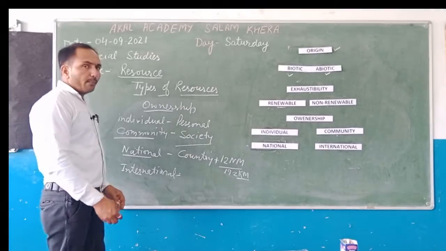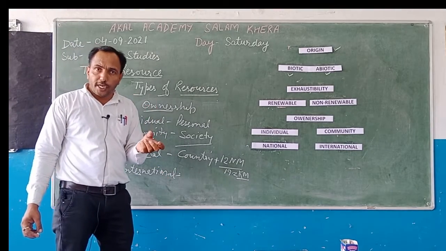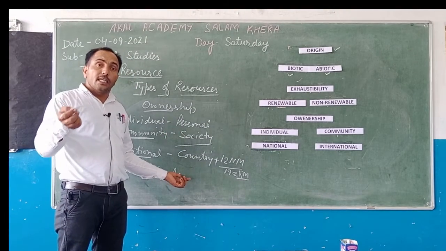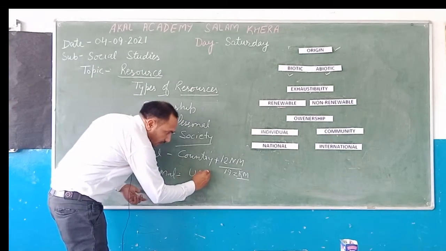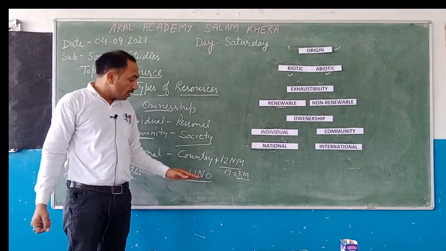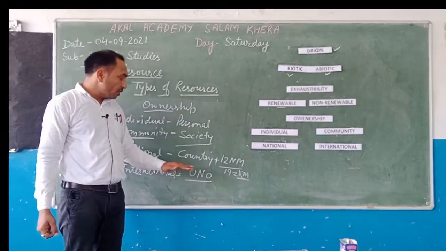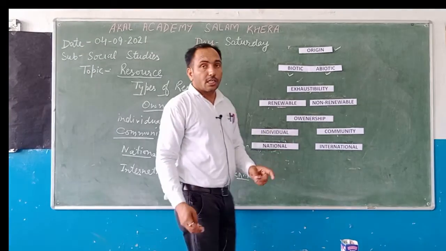We can give the example of Antarctica. Antarctica is a continent. No country can say that the resources found there are theirs. So here, the United Nations Organization is the owner of this resource. With its permission, we can utilize those resources. Those are the international resources.